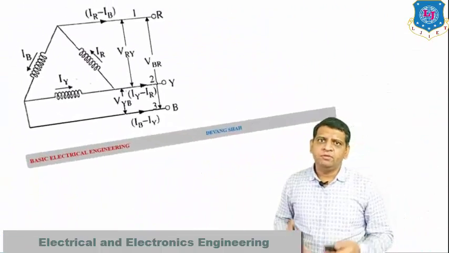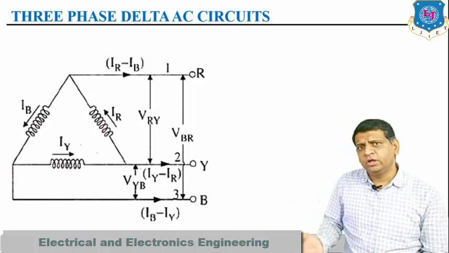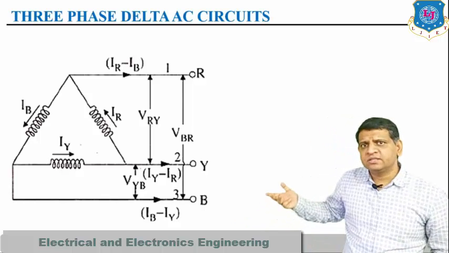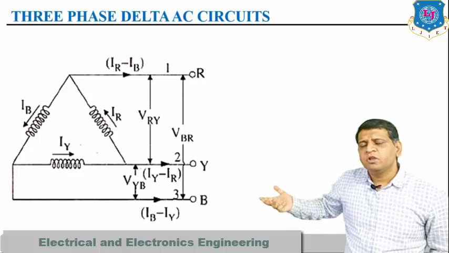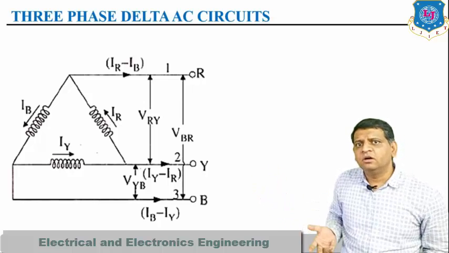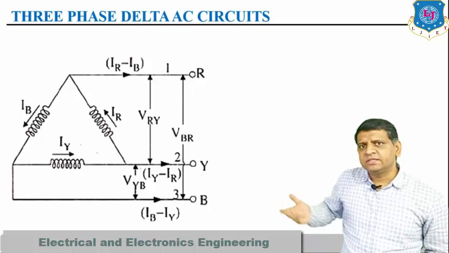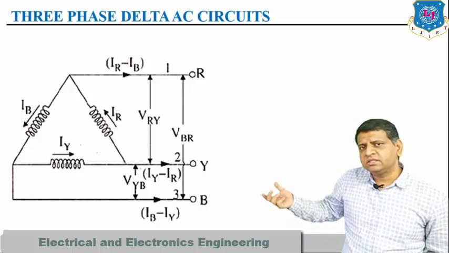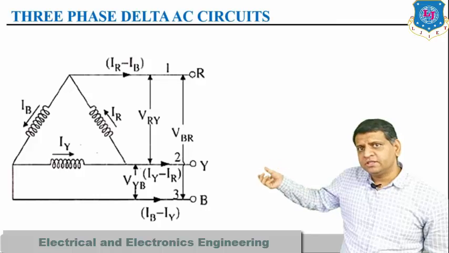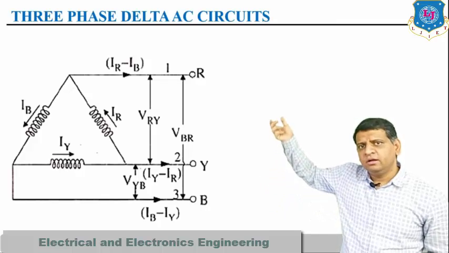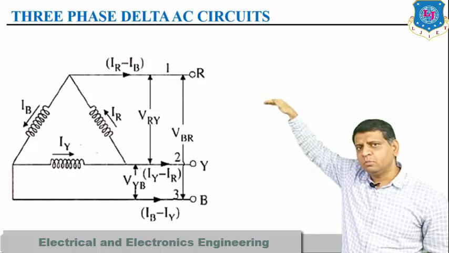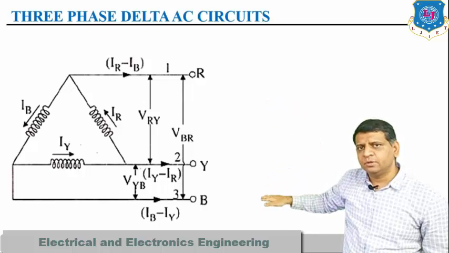So, one by one, let us look at all these voltages and currents. This is the delta connection, where you can see there are 3 phases R, Y, B, and there is an absence of the neutral line. Whatever voltage is generated in one phase is the same as the voltage difference between two lines. So we define the R phase as line number 1, this is line number 2 and this is line number 3.